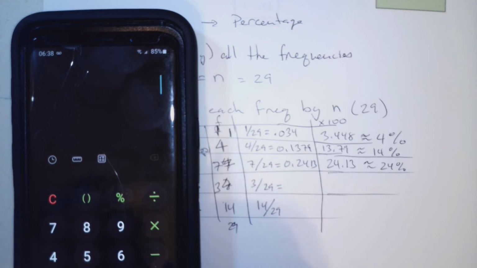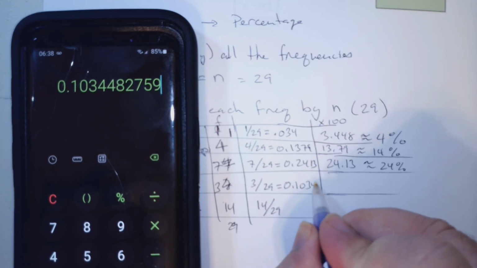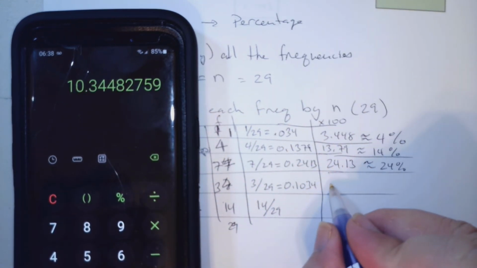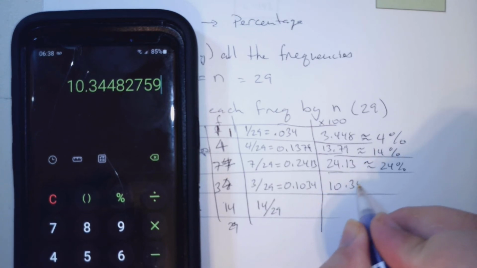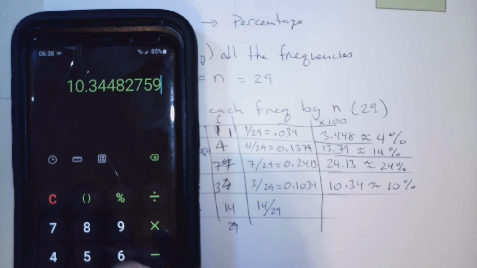The next one, 3 divided by 29, 0.1034 times 100 is 10.34, round down to 10%.